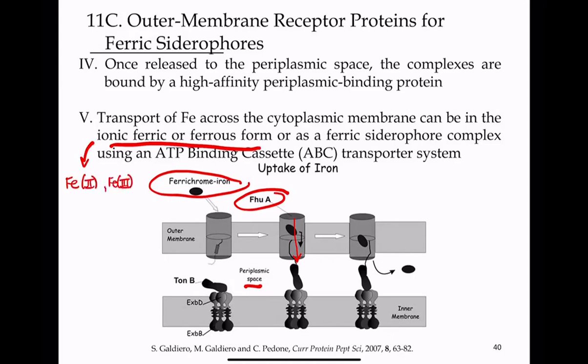Another likely route is as a complex, the iron 3 siderophore complex. Remember, that's a high affinity complex. It gets recognized by an ATP binding cassette, or ABC transporter system. And that system will then enable the further transport of the complex through the inner membrane.